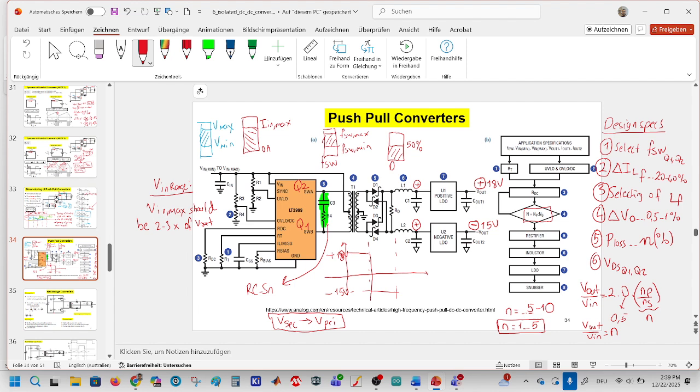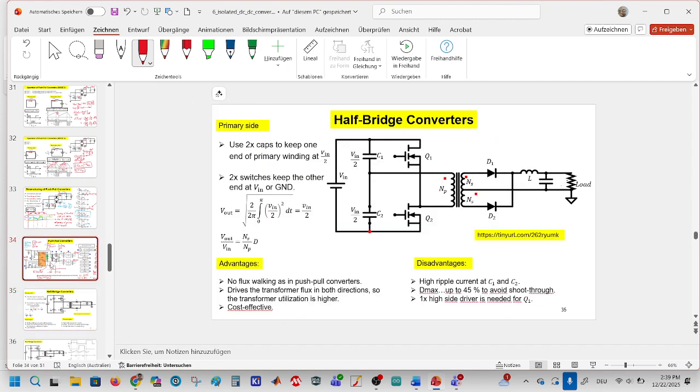And then we have the rectifier. This is our rectifier circuit on the secondary side, because our secondary voltage looks like that.